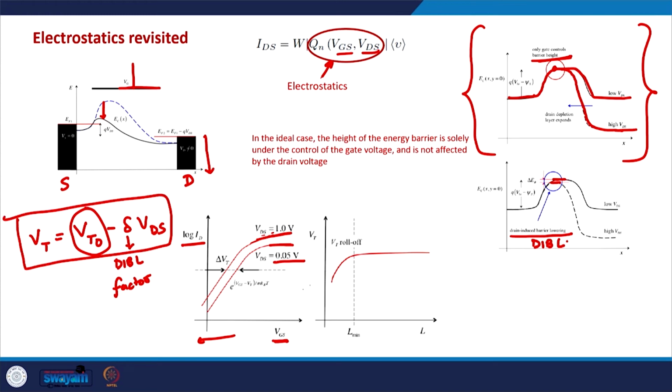Also, more generally in small channel devices, these kinds of phenomena are summed up in a plot of Vt versus L, threshold voltage versus length.